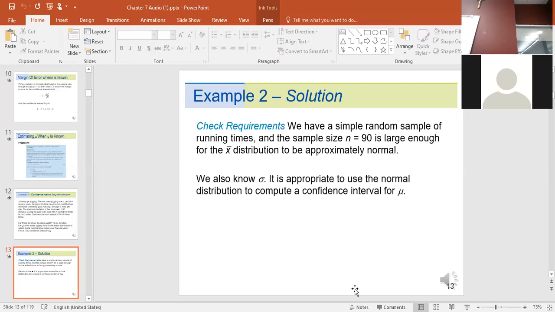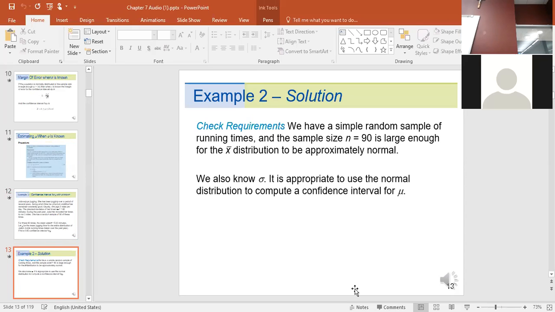Because our sample size is large enough, we can assume that the distribution of the sample mean is approximately normal. Because sigma is known, we can use the Z distribution, the Z interval.